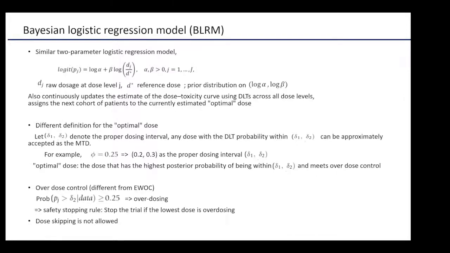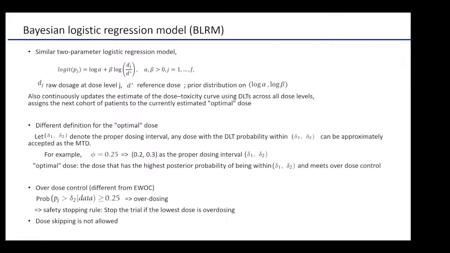Here, the idea is a little bit different from the CRM, because the Bayesian logistic regression model uses a proper dose interval to guide escalation and de-escalation. It means if you have a target DLT probability, for example 25%, then maybe we think 20% to 30% is an acceptable proper dose interval.